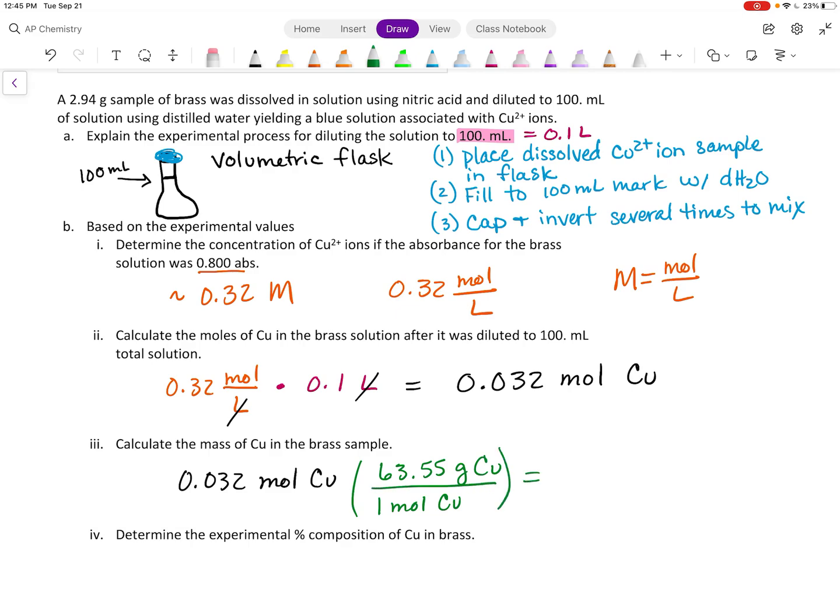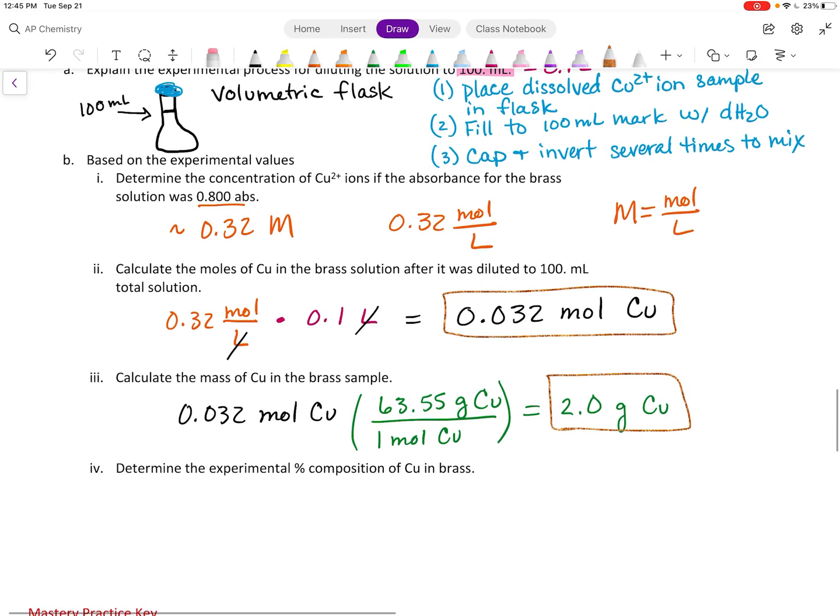And this is going to give us the mass of copper that was in the sample. Let me see. Oh, it's on a different page that I pre-calculated. I got, with sig figs, 2.0. I think I got like 2.03 something grams of copper. Box in my answers here.